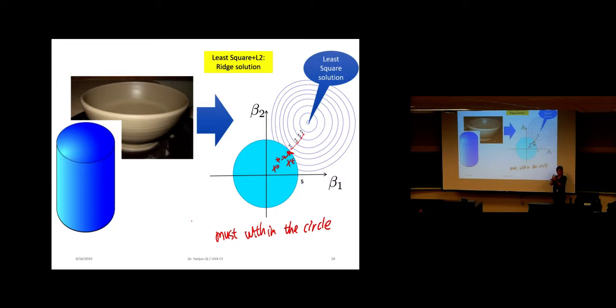There has to be a touch point, right? And that touch point is the solution of ridge regression. It satisfies both. It's within the circle, and compared to all the points in the circle, its sum of squared error loss is the smallest.